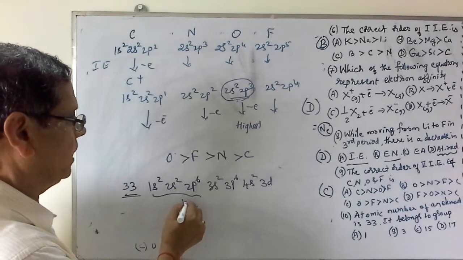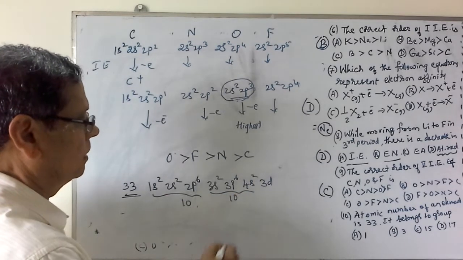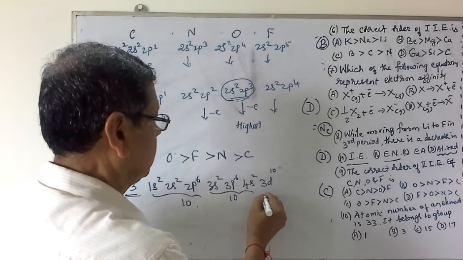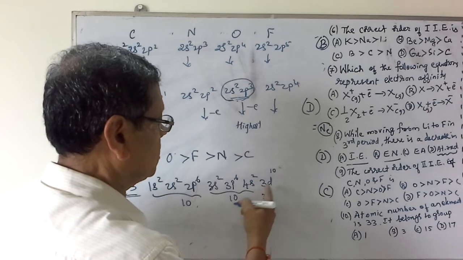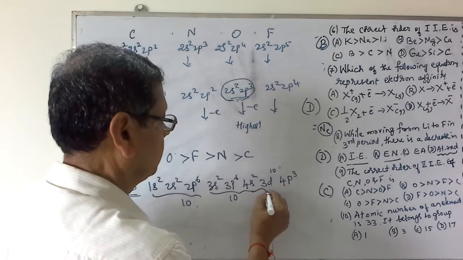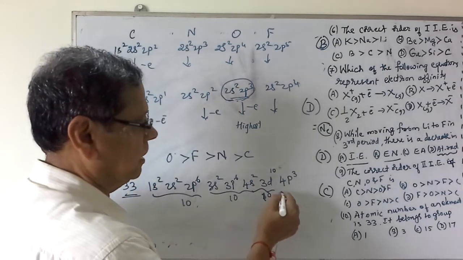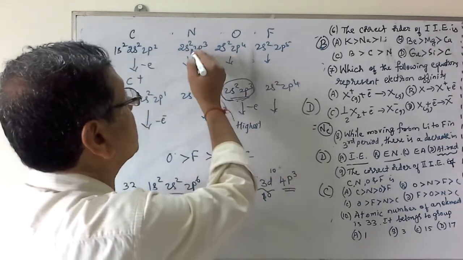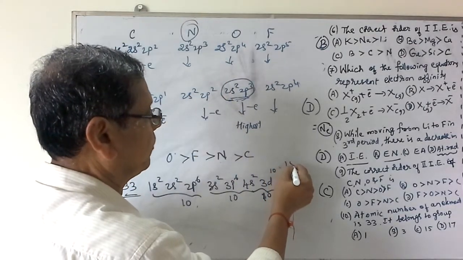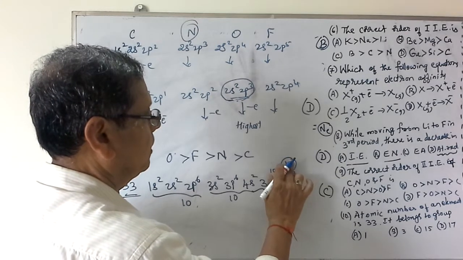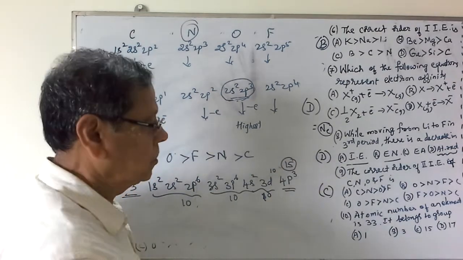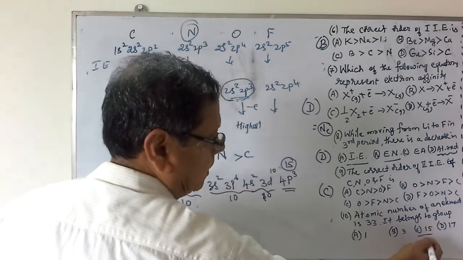Up to this it is 10 plus 10 plus 10, that is 30. Then 4p3. The 4p3 configuration is for the nitrogen family. For the nitrogen family, the group number is 15, going 13, 14, 15. So the correct option will be 15.